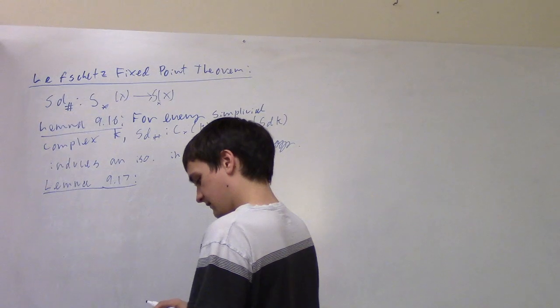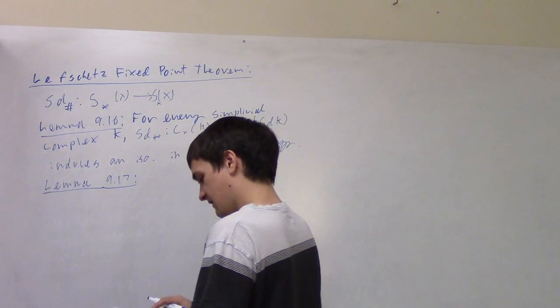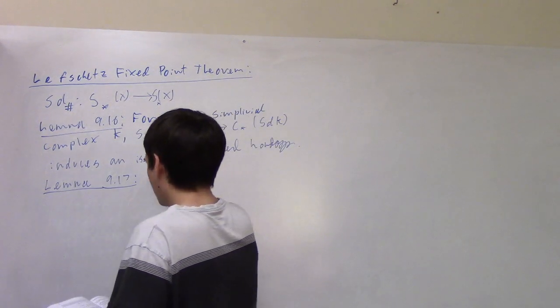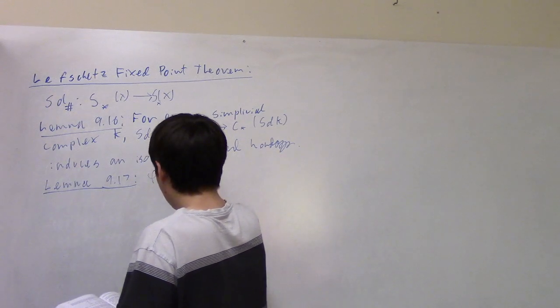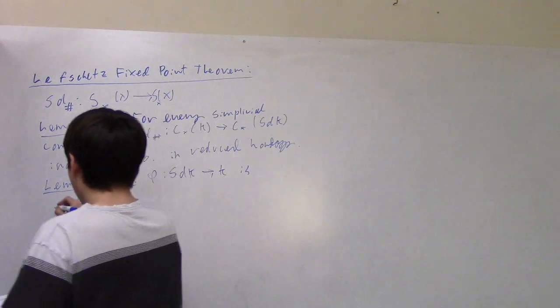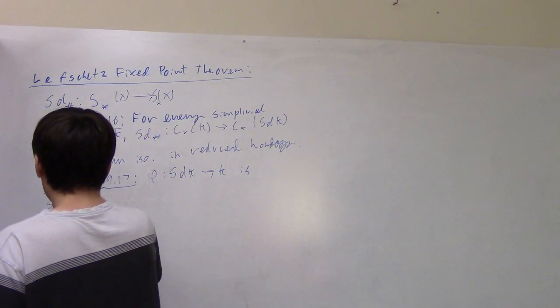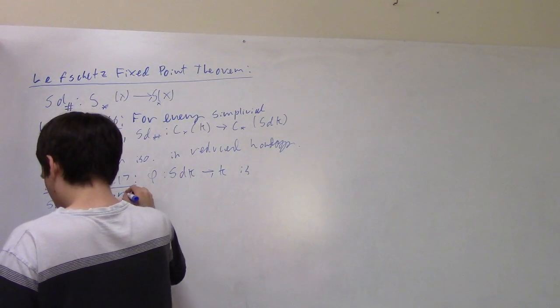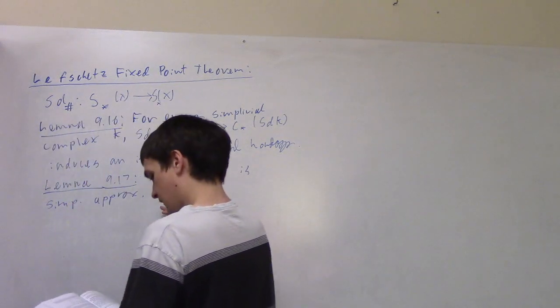So we've got the same setup as before, except now phi is a simplicial approximation to the identity.